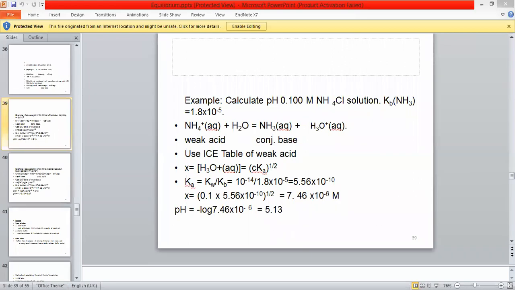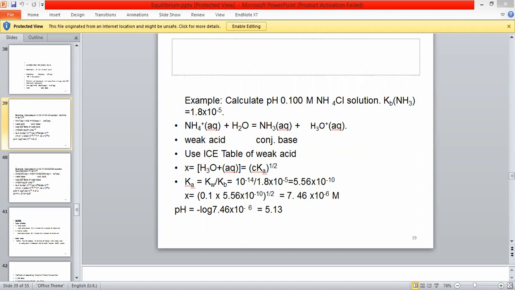It is this equation here. So Ka is equal to Kw divided by Kb. Now, Kw is 10 to the power negative 14. I gave you this one earlier. So divided by 1.8 times 10 to the power negative 5, which gives you 5.56 times 10 to the power negative 10. So this is your Ka now.